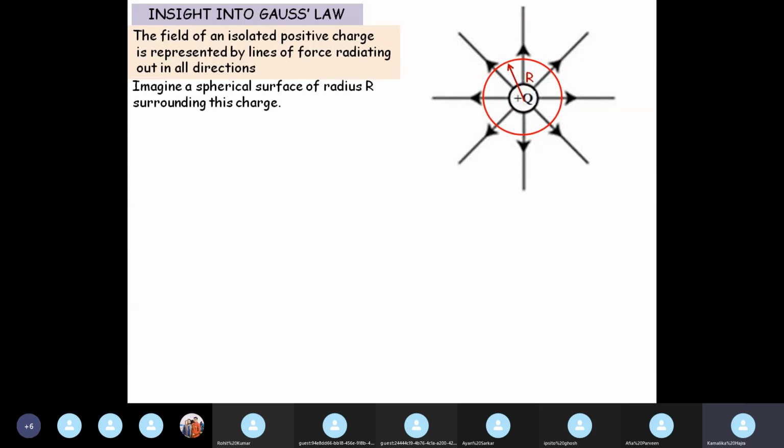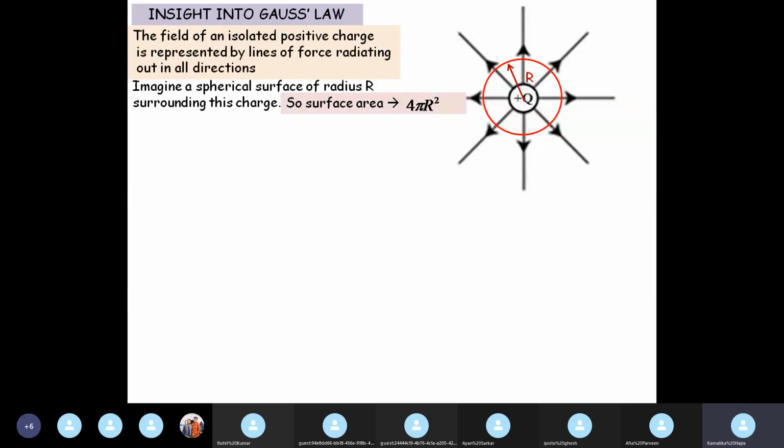I can't draw a 3D picture on my slide, so you have to imagine that this is a point charge. Isolated point charge means lines of force are coming out from it in all directions, radially outwards. So this surface surrounding the charge is a spherical surface, not a circle. Now, what is the surface area of this sphere?